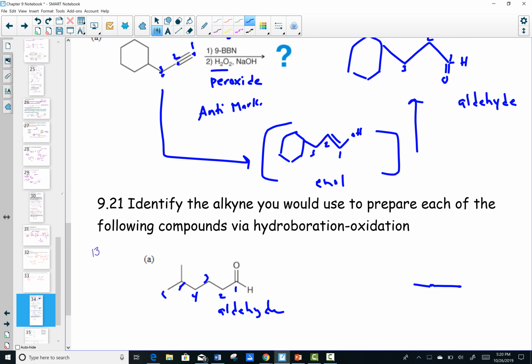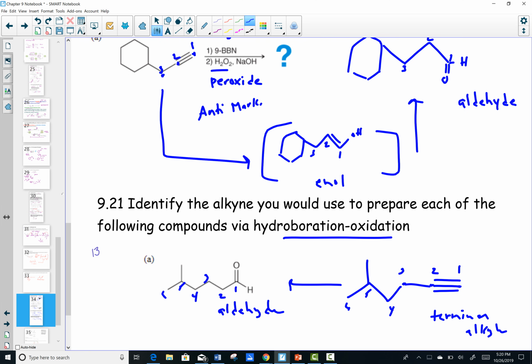Coming straight out of carbon 2 is carbon 3, keeping my bond angles together. And then I can start branching 4, 5, 6. On carbon number 5 is a methyl group. So here is the terminal alkyne that produces the aldehyde. And sitting on the arrow, of course, is the hydroboration-oxidation workup.